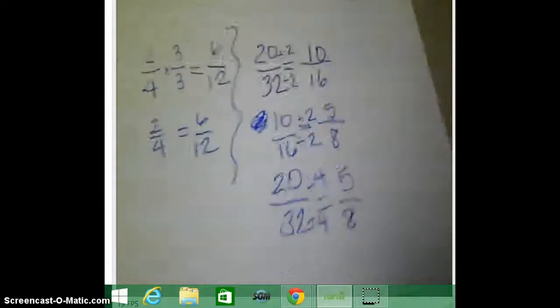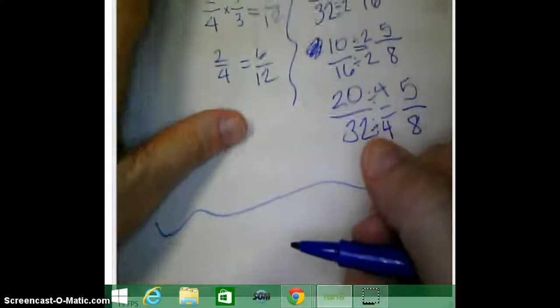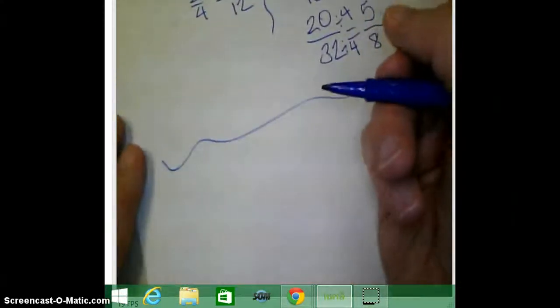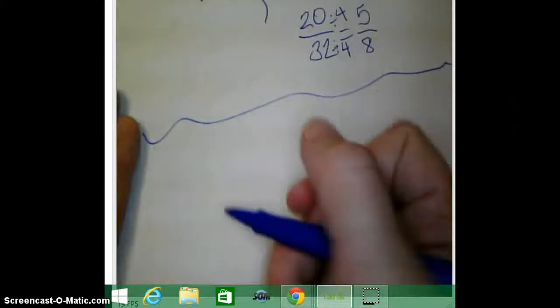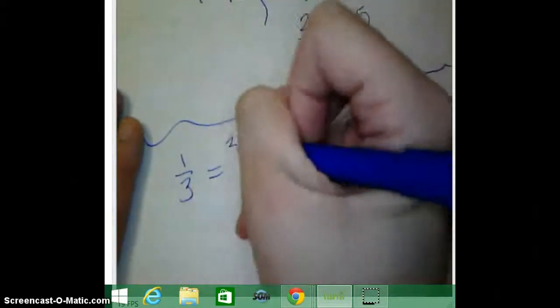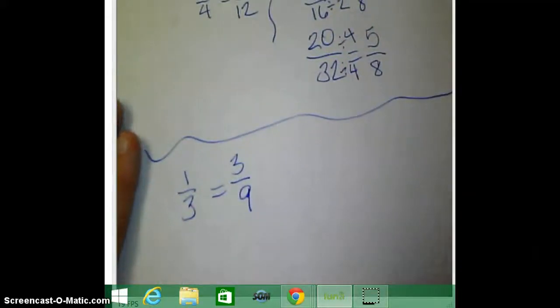All right, here's another little thing about equivalent. So let's continue. Let's look at some, and we'll have to decide whether or not they're equivalent fractions. So let's say 1/3 and 3/9. Are those equivalent fractions? Well, let's find out.